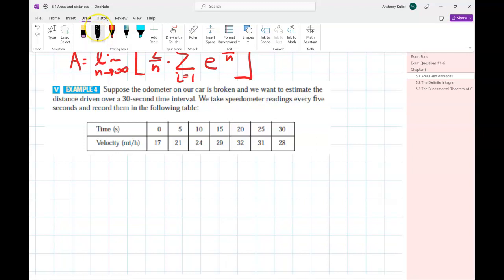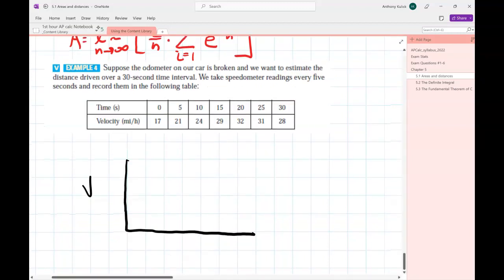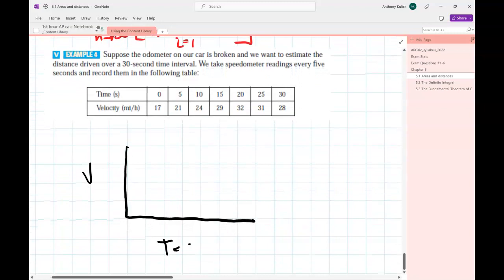So let's imagine what we have here. If we plot this function, the x-axis is our time variable, and the velocity is over here, and the velocity is in miles per hour.